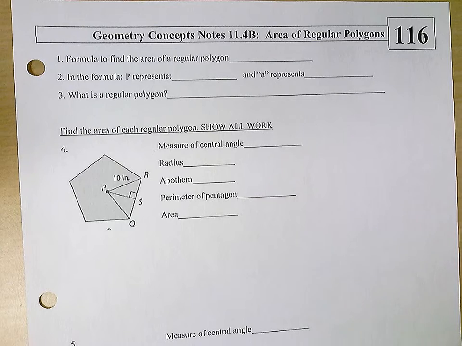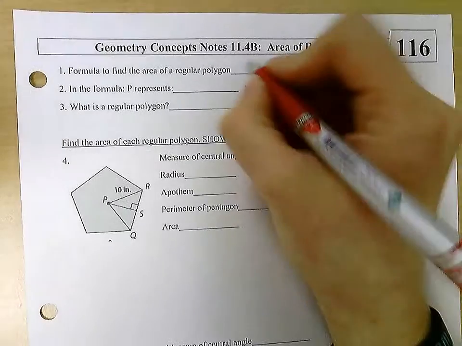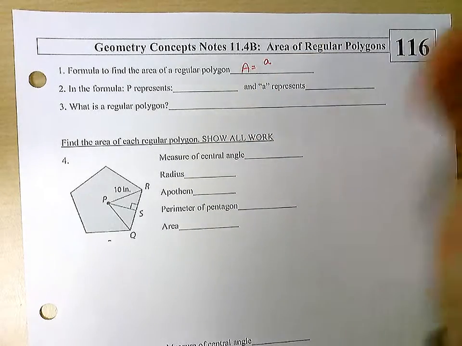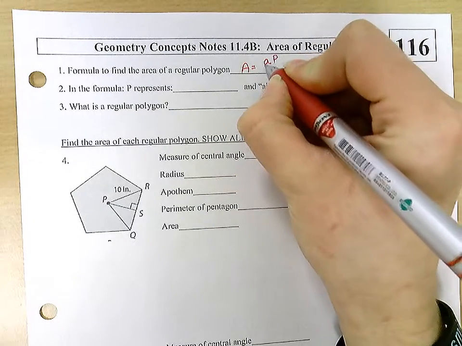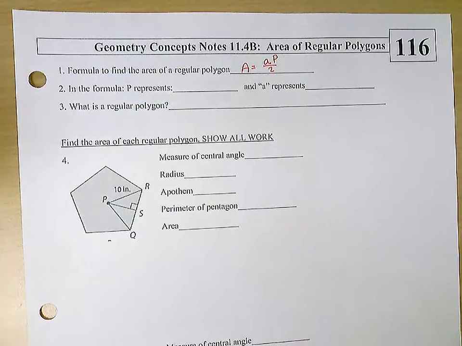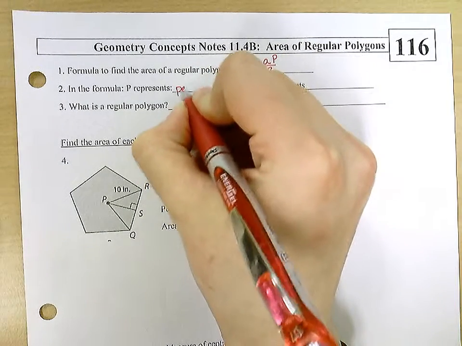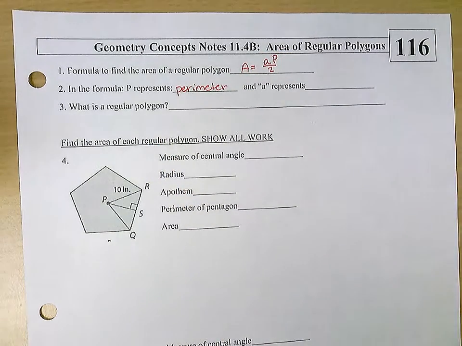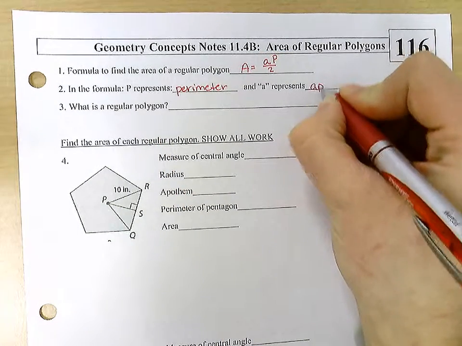So the formula for area of a regular polygon is the apothem, or lowercase a, times the perimeter divided by 2. Okay, so in that formula, P represents the perimeter, and A represents the apothem.